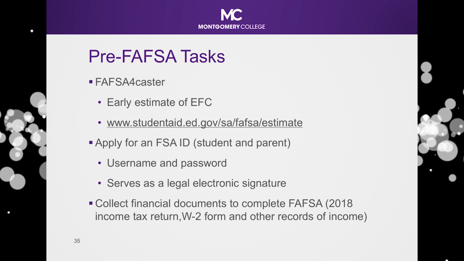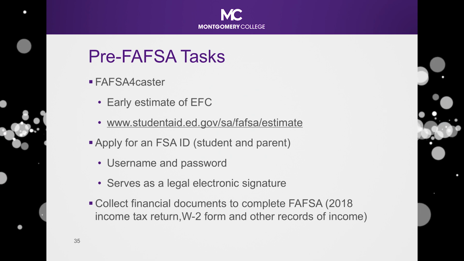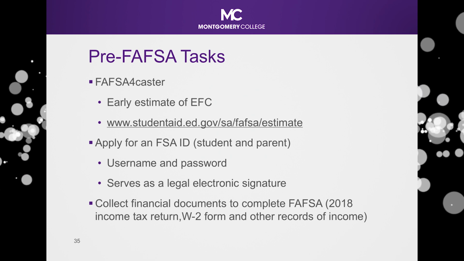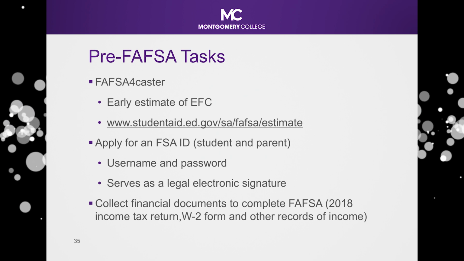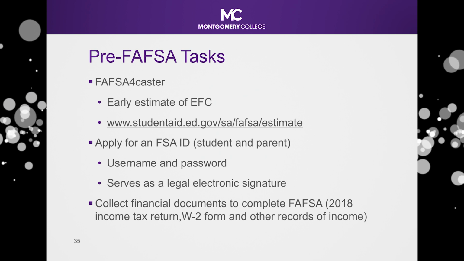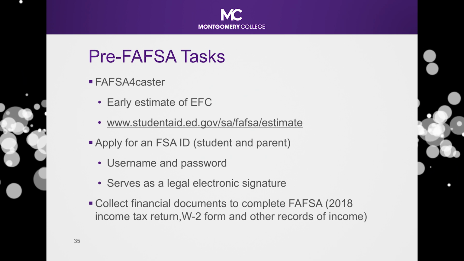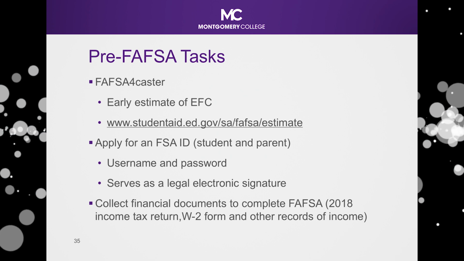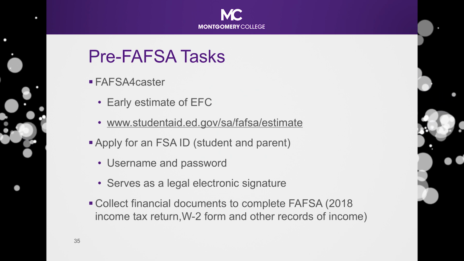There is a FAFSA forecaster, the early estimate EFC. You can go in there and put in all your information just like you fill out a FAFSA, and it will give you an idea of what you might be eligible for. It's sort of like a trial FAFSA. But make sure our seniors do not do this because this is not the real FAFSA.